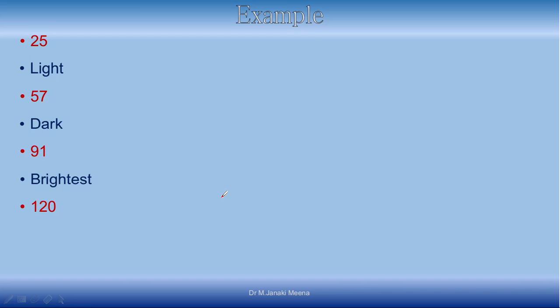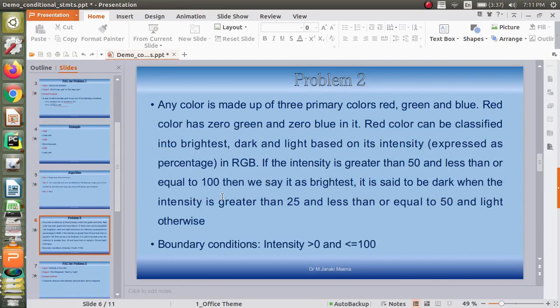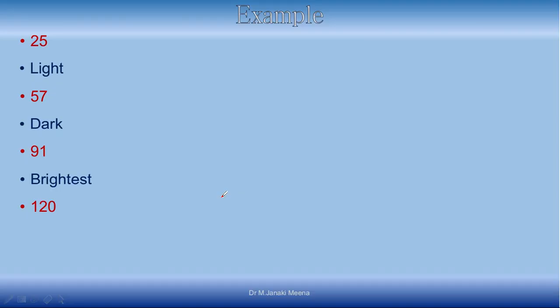And when it is greater than 50, sorry, one minute, I will check the condition. So if it is going to be greater than 50, then we will say it is brightest. Yeah, here also it should be brightest.